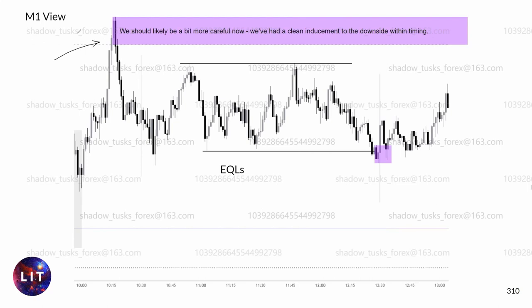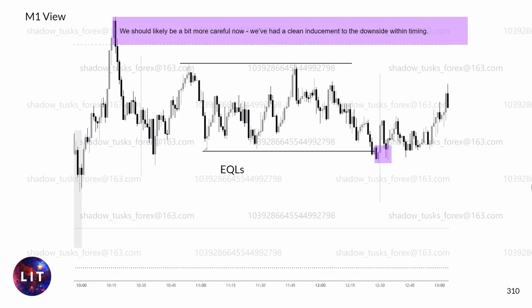If maybe you have a bigger risk appetite and you want to take less confirmed trades, then absolutely go for this. But at the beginning, where you're looking to take your Mona Lisa trades, this is not something that you should take, especially when you see, okay, we've had an inducement to the downside. What would be the ideal scenario here?